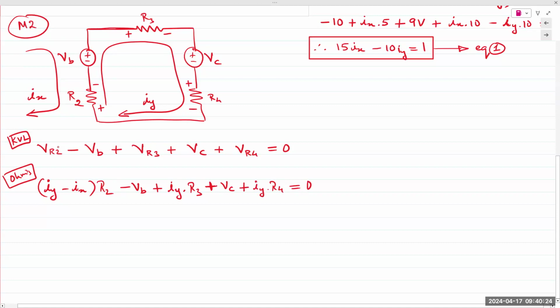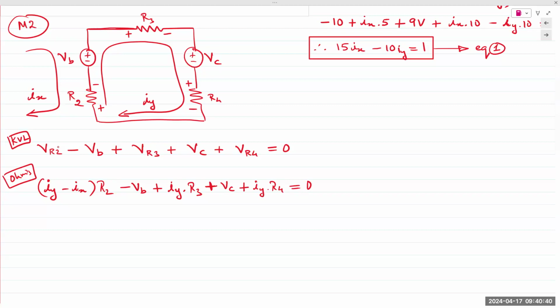Depending on the number of resistors in that mesh, you should have that many currents to add up, that many constants to add up.